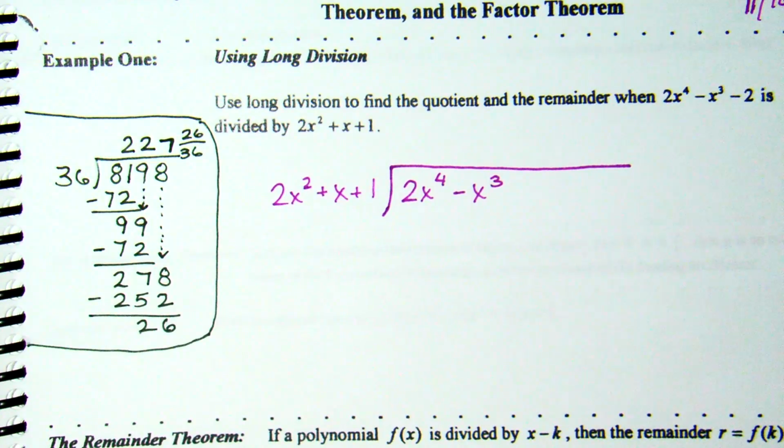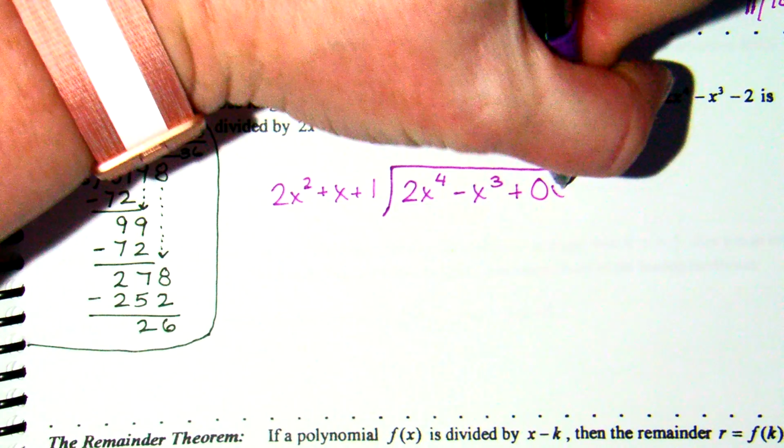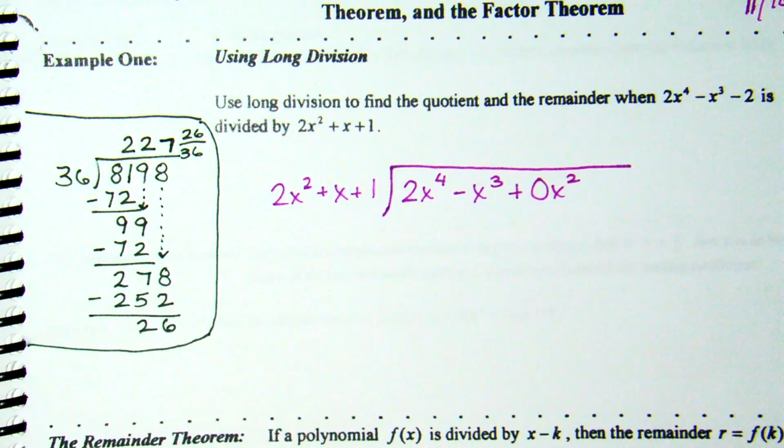An x squared. If I have x to the 4th, x to the 3rd, the next thing that I should see is an x to the 2nd. Do I have an x to the 2nd in this problem? No. So what can I put in here as a placeholder to represent an x to the 2nd? 0x to the 2nd. Or just 0, but I like to say 0x to the second. I'm not saying you can't do this without it, but it makes life easier if we line it up.